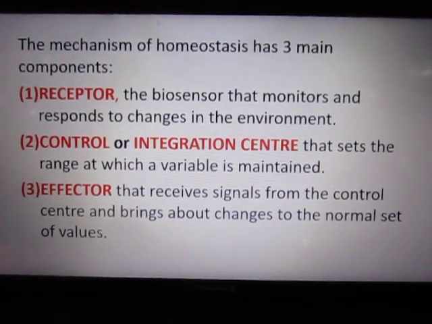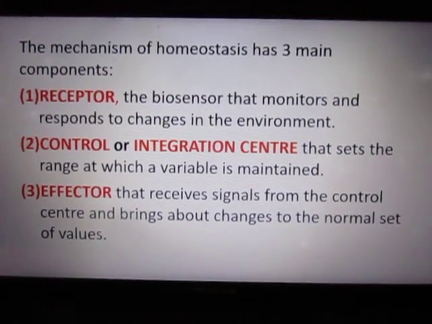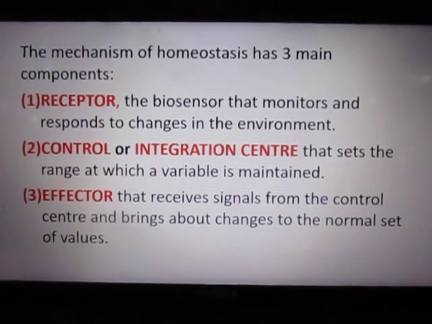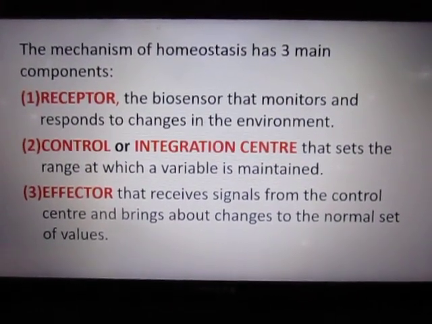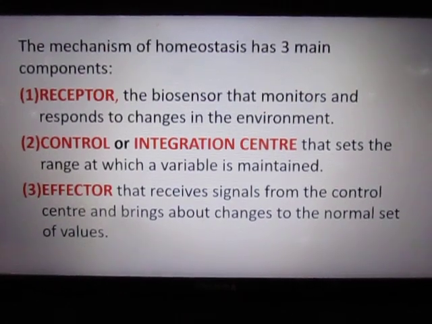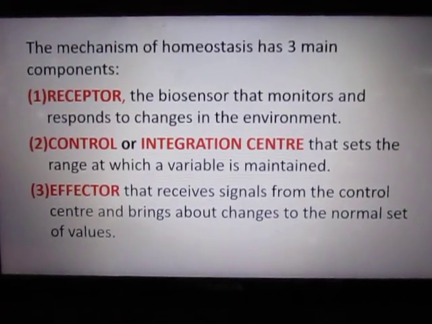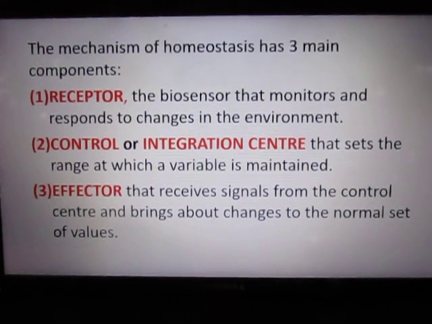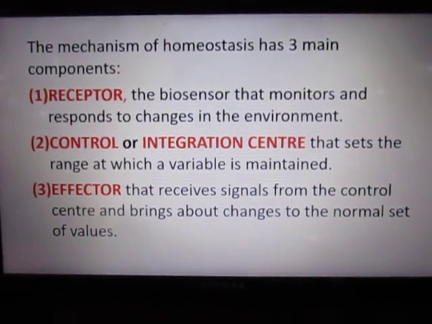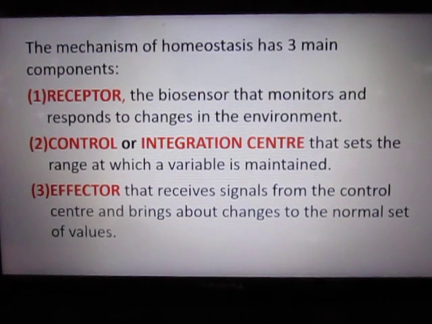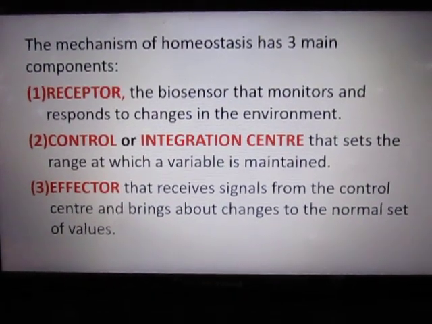Our skin can detect that there is too much coldness or too much heat. So it will send an impulse to the second component, which we call the control or integration center, that sets the range at which a variable is maintained.